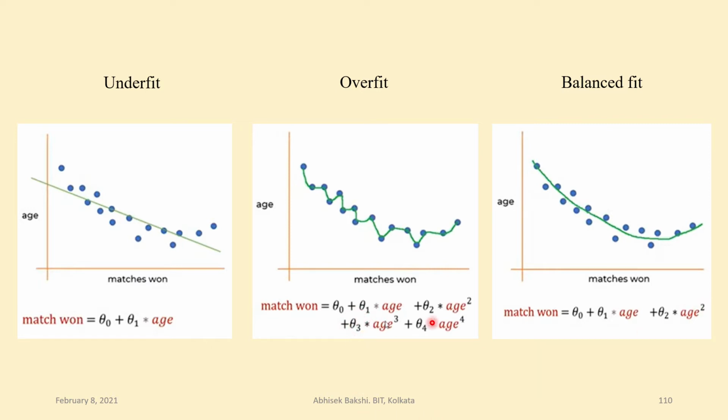If we have some value in theta 3 and theta 4, we cannot stop our learning, because if we consider the current values of theta 0 to theta 4 in this equation, and I get this curve, you will see that there is no error between the desired output and the actual output from the model, which is 0. So if your error is 0, naturally you can stop, because the model is identifying everything correctly.